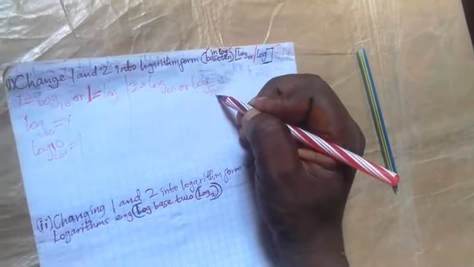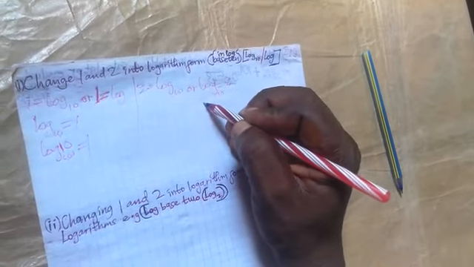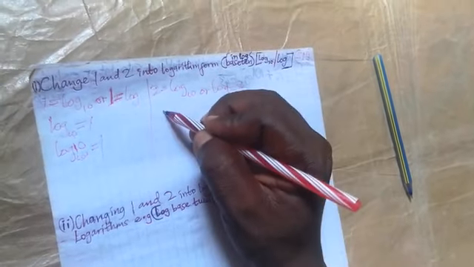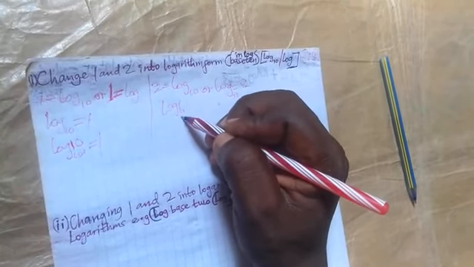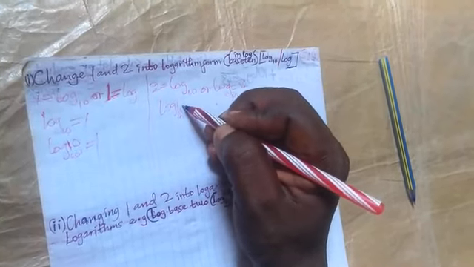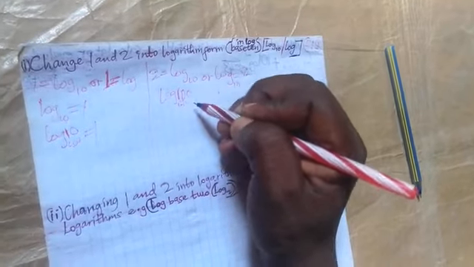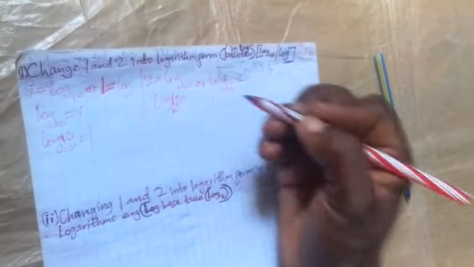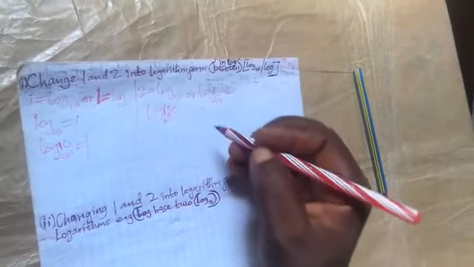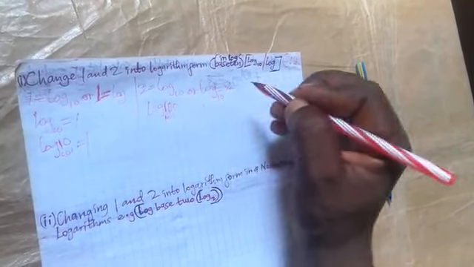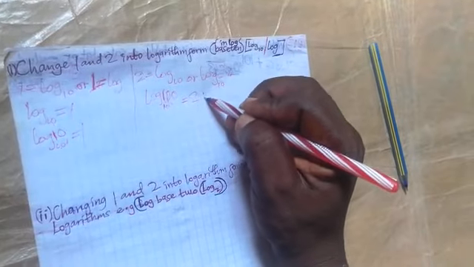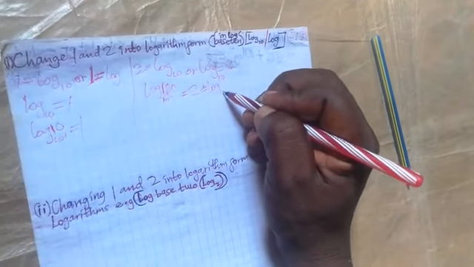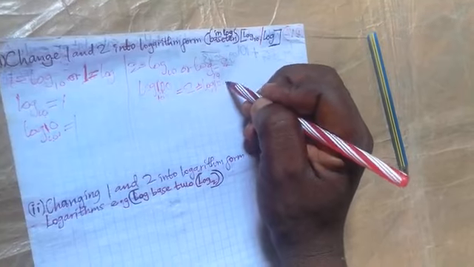When 2 becomes the power, this will be log of 10 power 2. This will give us 100, because 10 power 2 is 100. Therefore 2 is equivalent to log of 100 base 10.